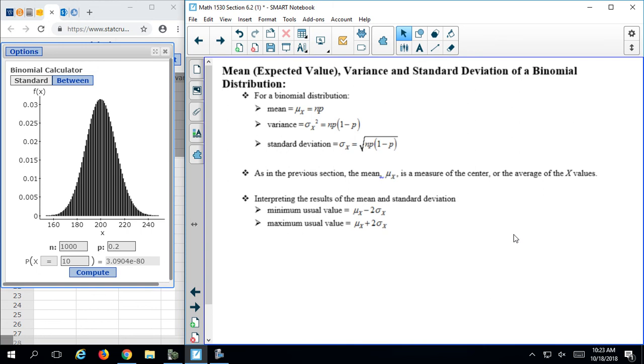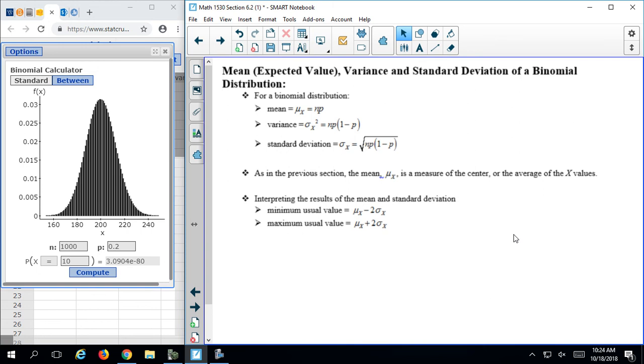If the probability is 0.5 for getting heads, or 1/2, and you flip a coin 100 times, how many times do you expect to get heads? 50 times, right? Well, that's the expected value of the number of heads. And all I did was multiply 100 times 0.5. If you have a binomial distribution, you can find the mean really, really easily. You just multiply n times p. That's all you have to do.